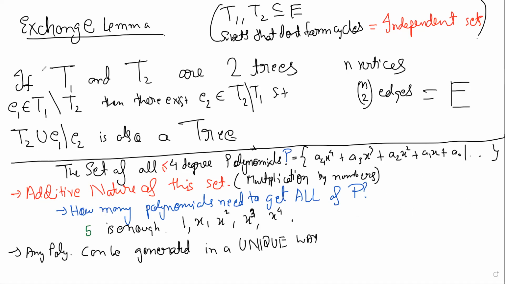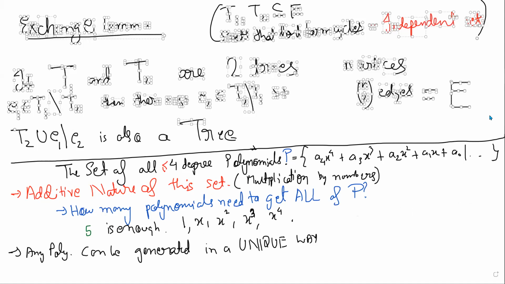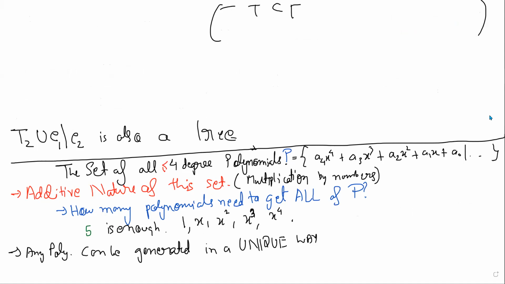That depends on how you define polynomials also, but in either way it can be seen that any polynomial can be generated in a unique way. So we call this an independent set. Now the real fun comes when I take some other 5 polynomials and they also generate.